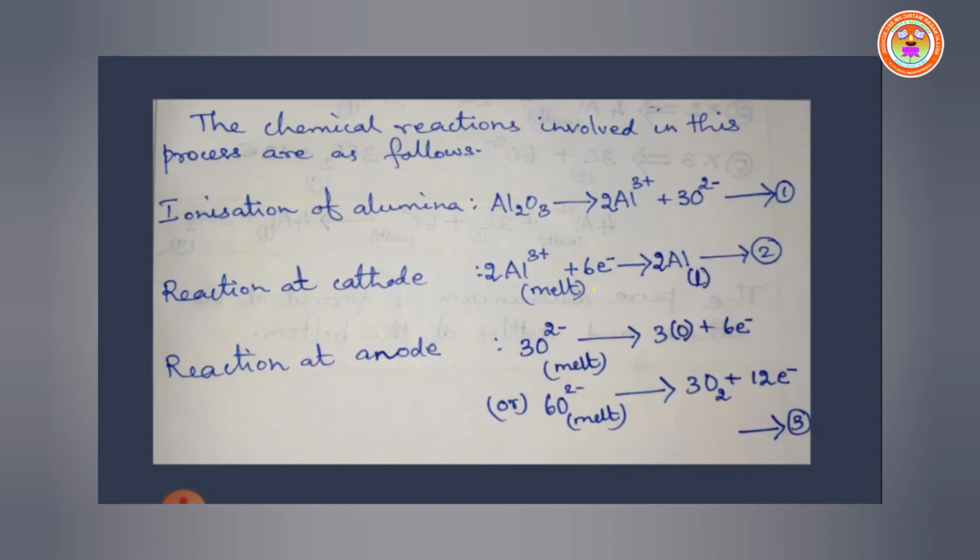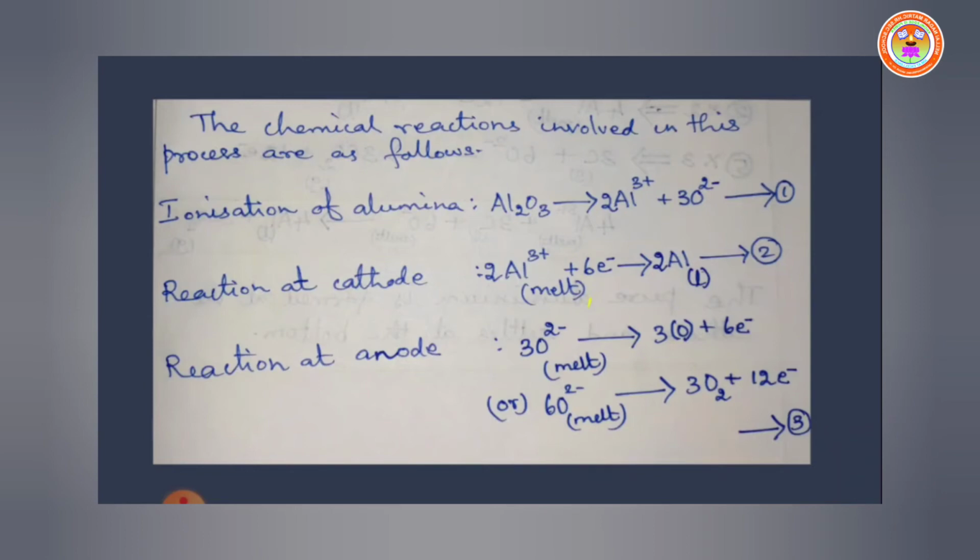So during the extraction of aluminium from bauxite ore, the aluminium ion moves towards cathode and undergoes discharge. That is, at the cathode, the aluminium ion is undergoing reduction.